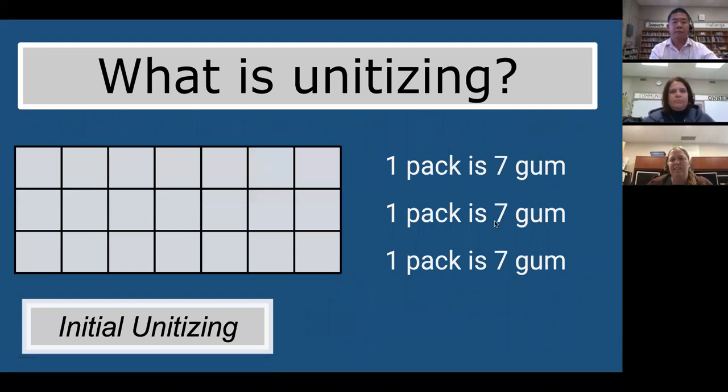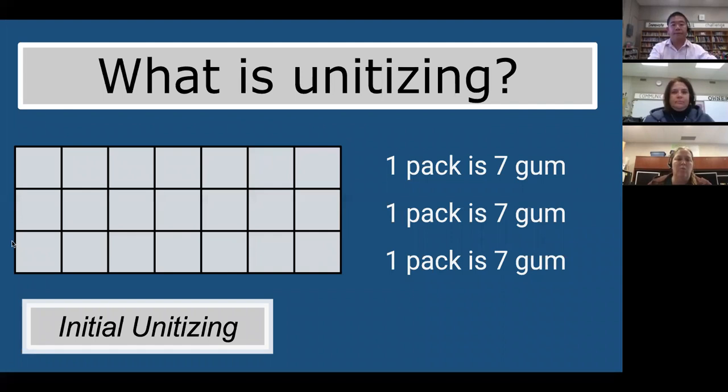We looked at a similar thing when I first talked about the key idea of unitizing. Unitizing is one of the most important key ideas when we're talking about the development of multiplication and division. The initial unitizing idea occurs when a student can tell us that 1 pack is 7 gum, and they can hold those 2 ideas at the same time in their head.